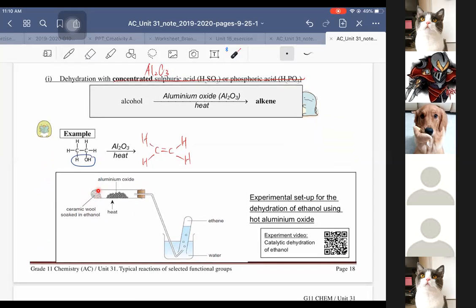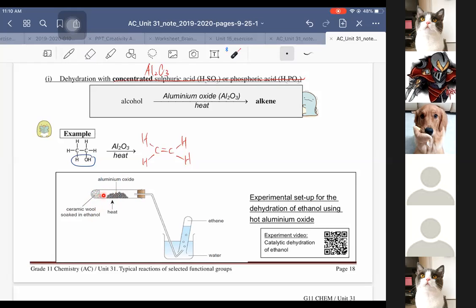We soak the ethanol onto the wool, and then we put it at the bottom of the test tube, and we put the catalyst in the middle of the boiling tube. When we heat, we should first heat the catalyst, make sure it's warm, and then heat this part and let the ethanol evaporate.